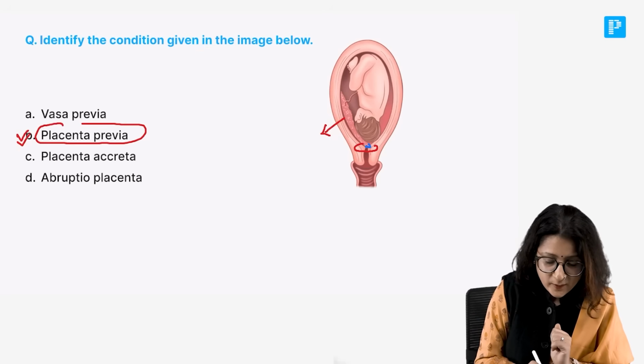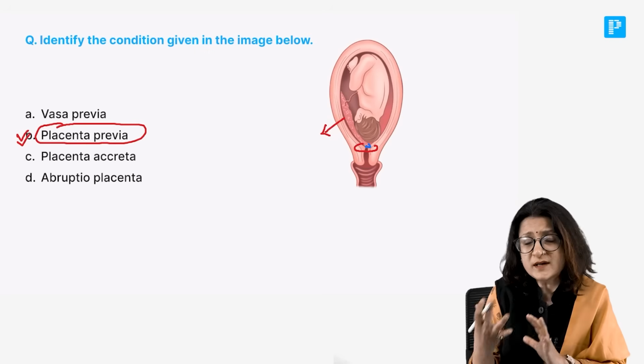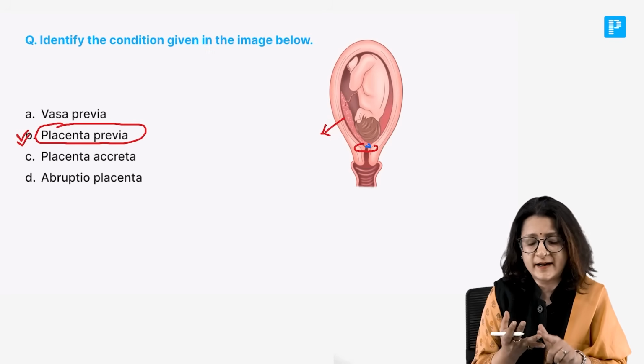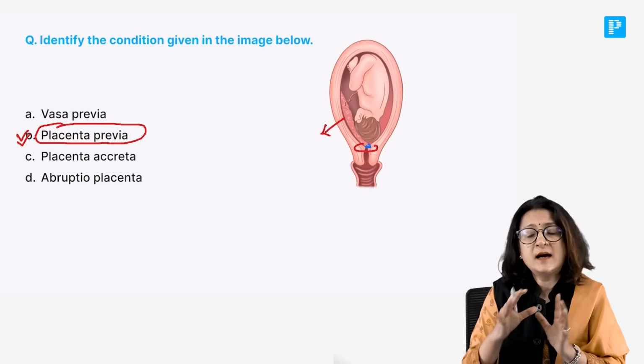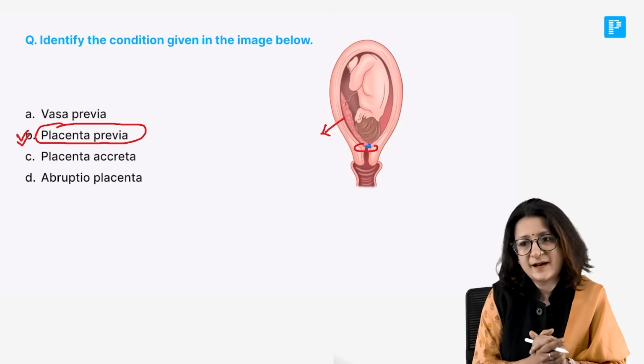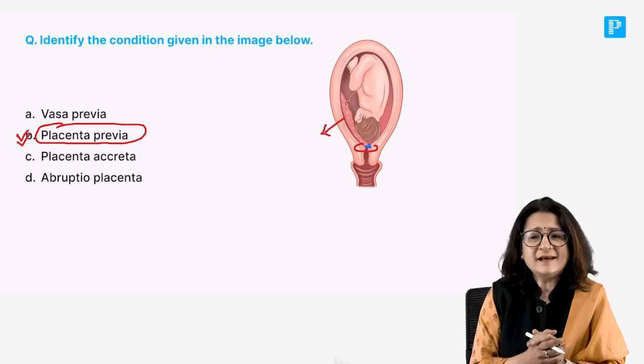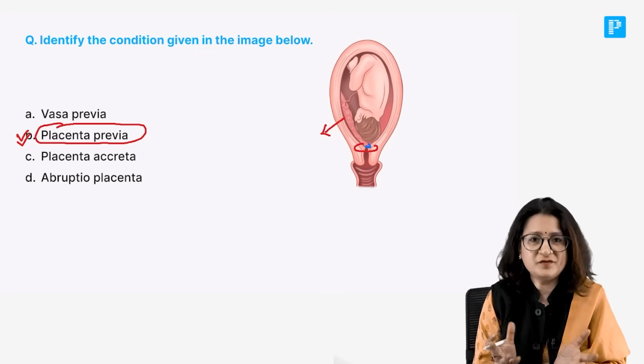Now we have this newer system of defining placenta previa. The type 1, type 2, type 3, type 4 classification of placenta previa you still need to remember, but in clinical practice we have simplified things.